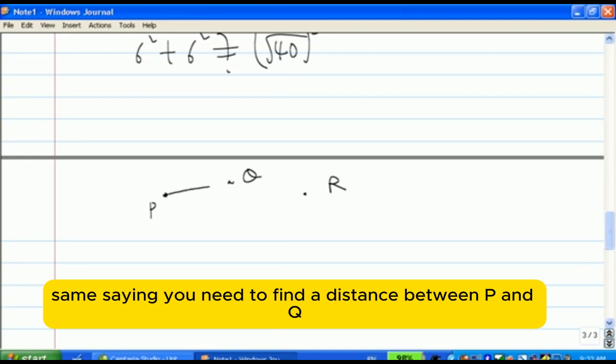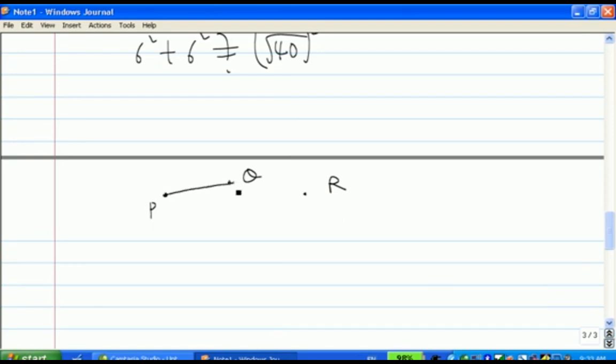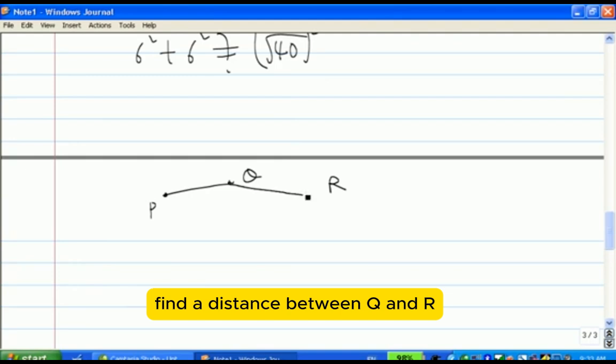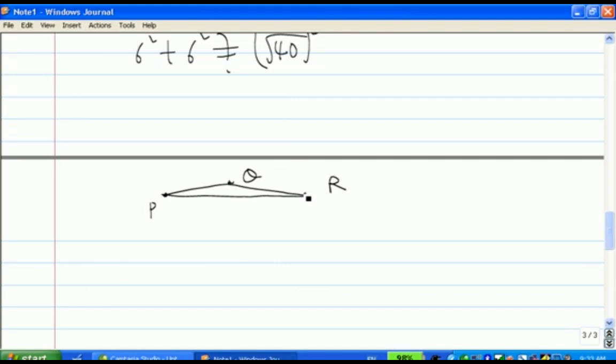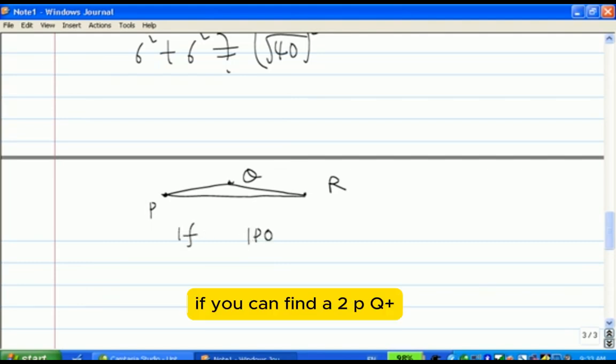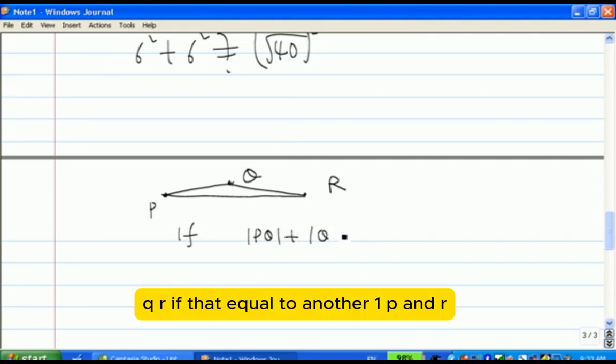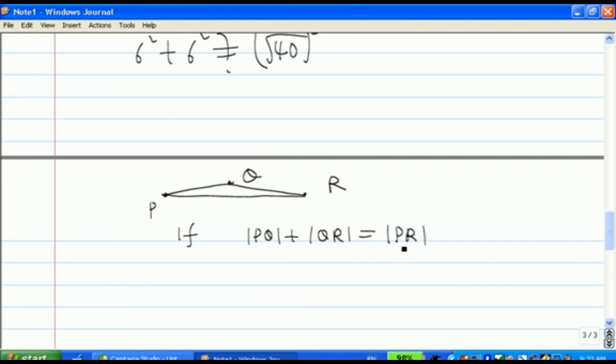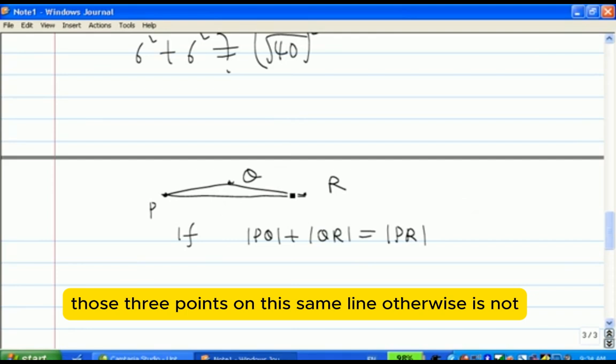You need to find the distance between P and Q, the distance between Q and R, then the distance between P and R. If PQ plus QR equals the other one, PR, that means those 3 points are on the same line. Otherwise, they're not.